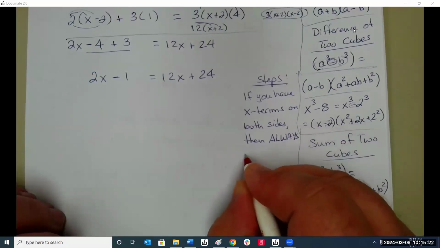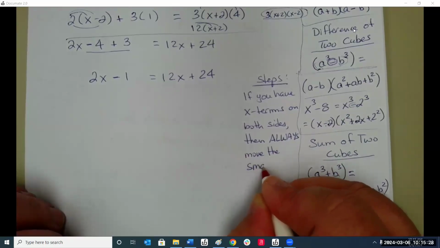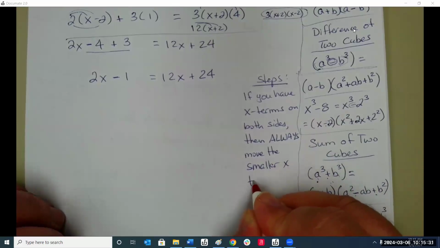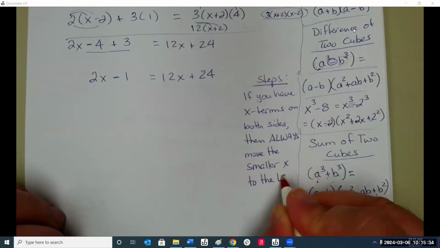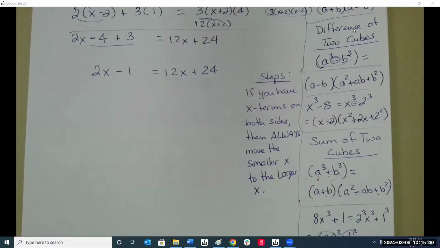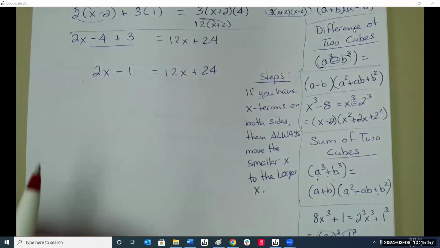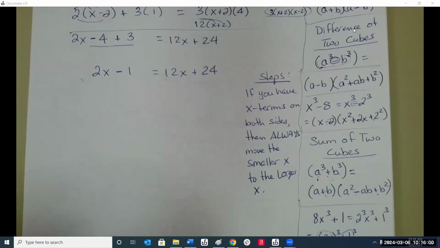Always move the smaller x to the larger x. Why do you do that? Exactly. Very good. So you don't get a negative. If we move the 12 to the other side, then we have a negative 10. Negatives tend to hurt grades.